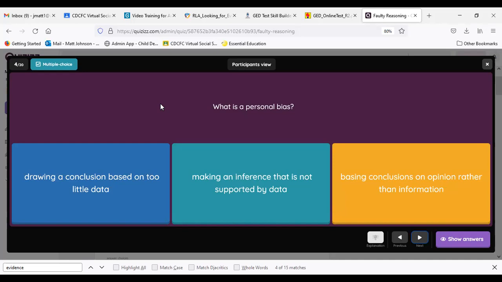The last one. Yeah, and this one's really hard because we're all human, right?